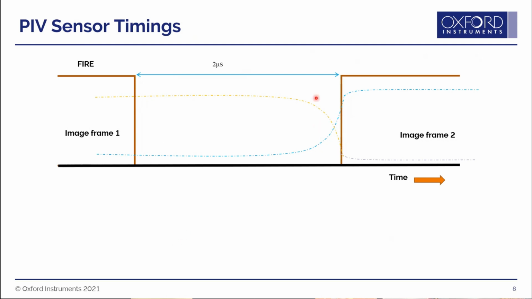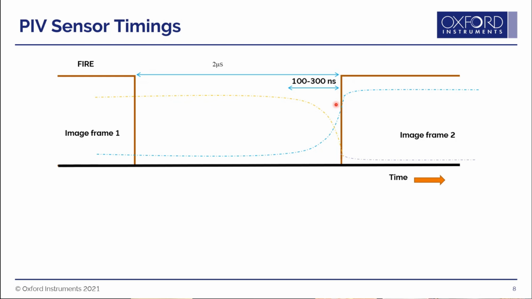What you actually get is a point in time, about 100 to 300 nanoseconds long, where you have a transition where simultaneously your pixel is absorbing light that is contributing to image frame 1, but also absorbing light that is contributing to image frame 2. And it's this transition, which is much shorter than the 2 microsecond gap, that can allow you to take images that are, say, 100 nanoseconds apart, 300 nanoseconds apart. But there's a certain amount of crosstalk that can come with this.